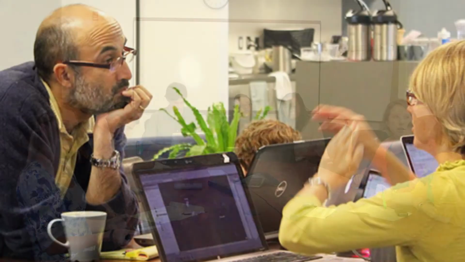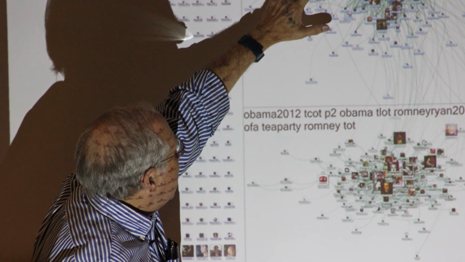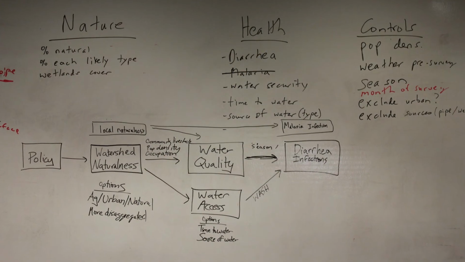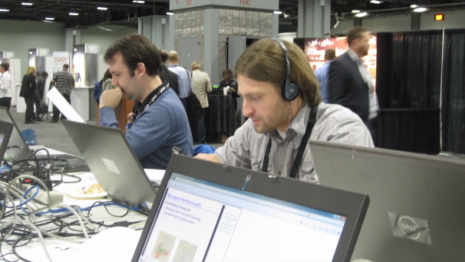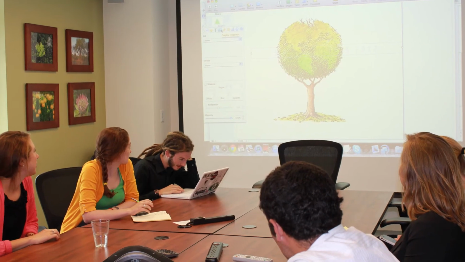We can't emphasize enough the importance of team diversity to socio-environmental research. This includes scholars from many disciplines and often includes individuals from stakeholder communities, NGOs, public agencies, or the business sector.